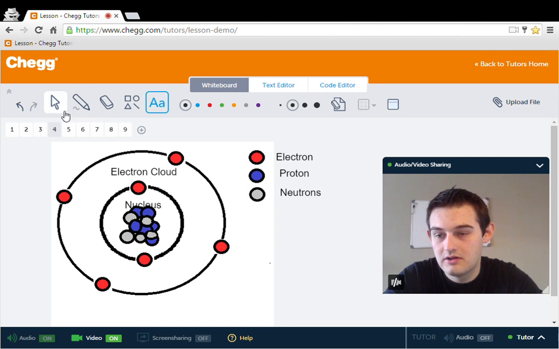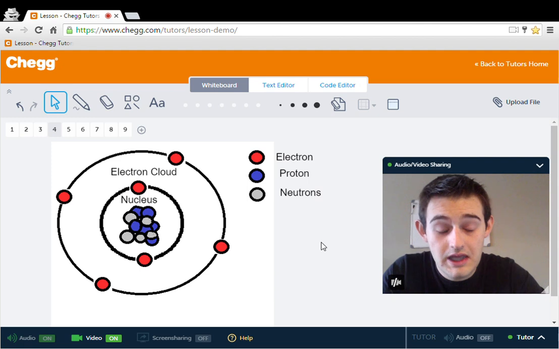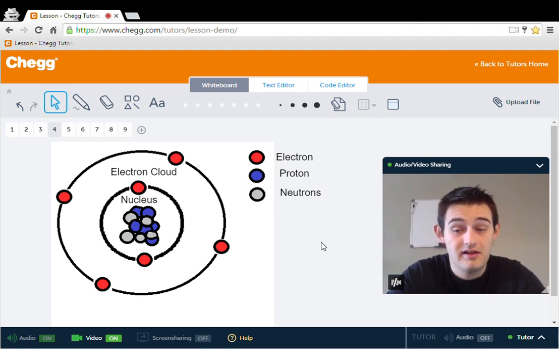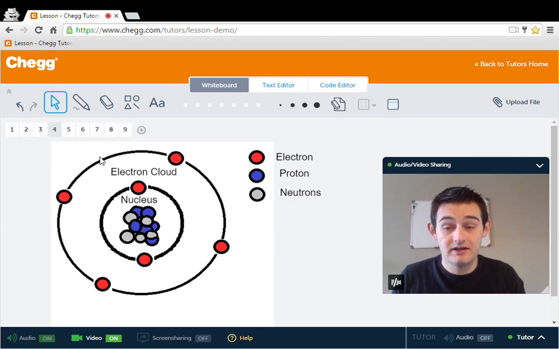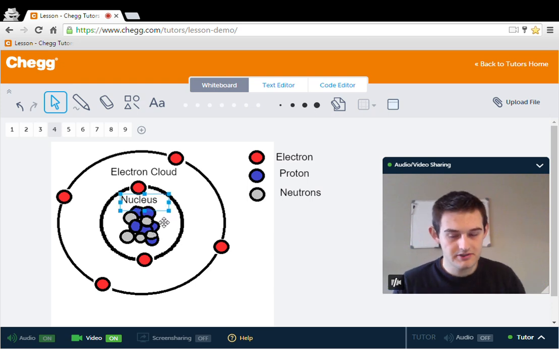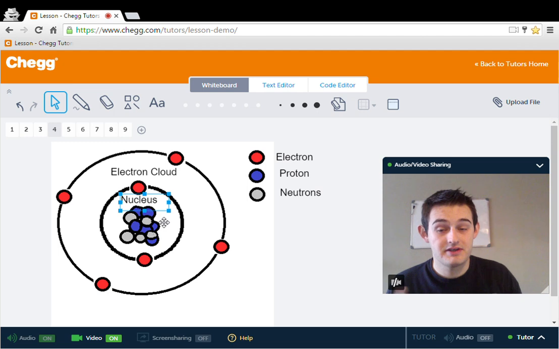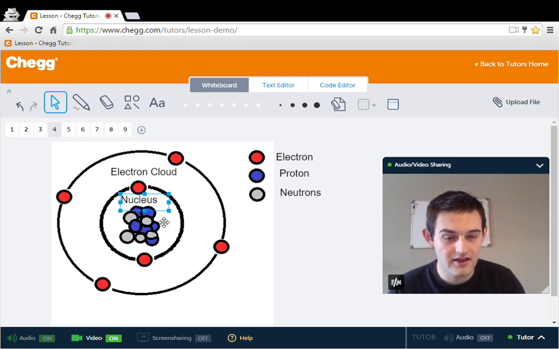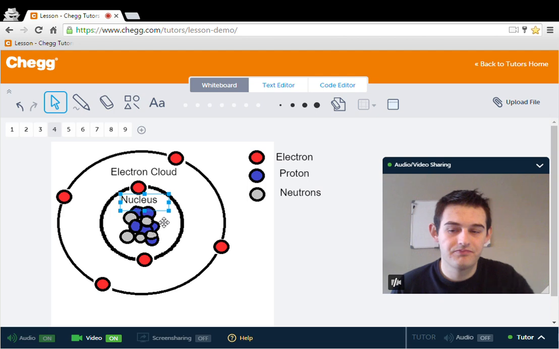Okay, the atom is essentially made of two parts, the electron cloud and the nucleus. The electron cloud is out here on the periphery where all the electrons are spinning around. They're negative, and so they're attracted to this positive nucleus where the protons are. The center we call the nucleus, where the protons and neutrons are, and the outside is the electron cloud where the electrons are.